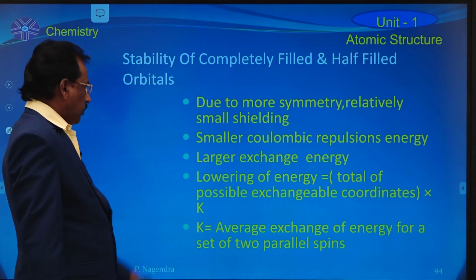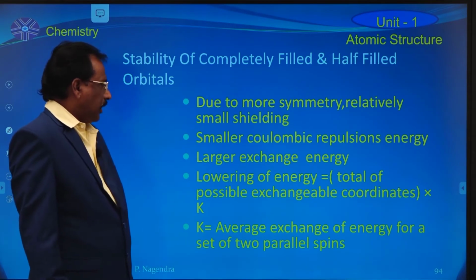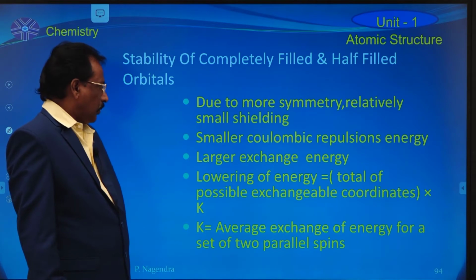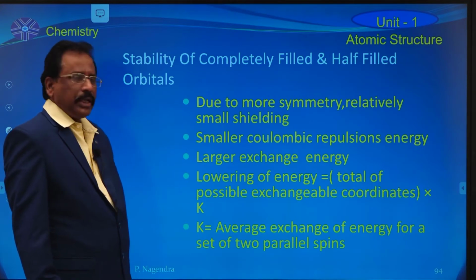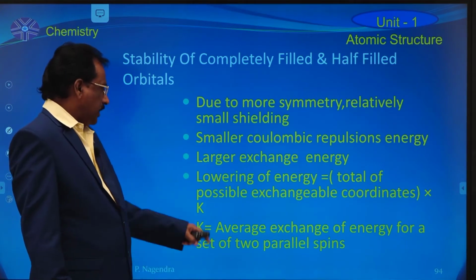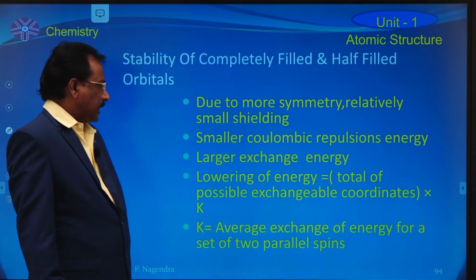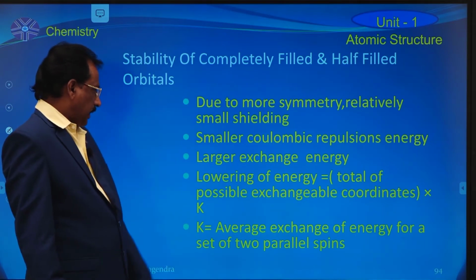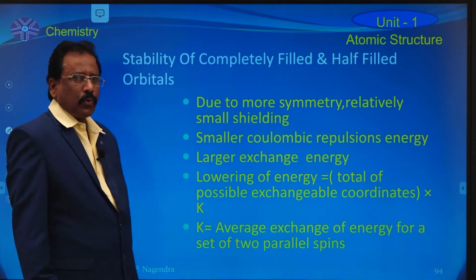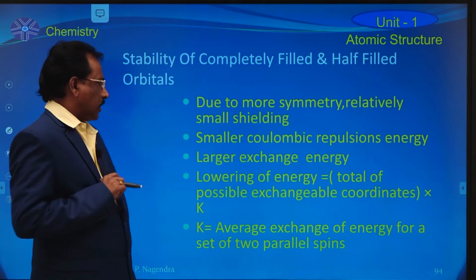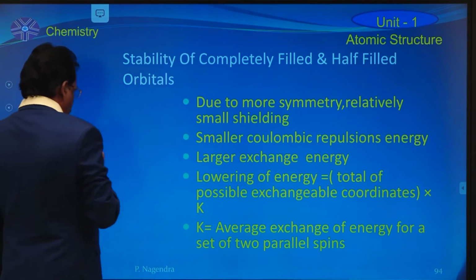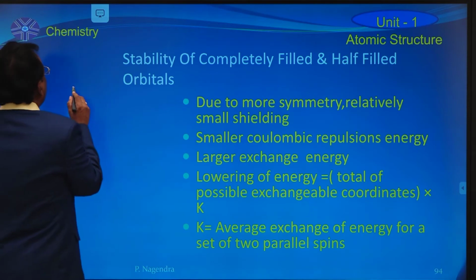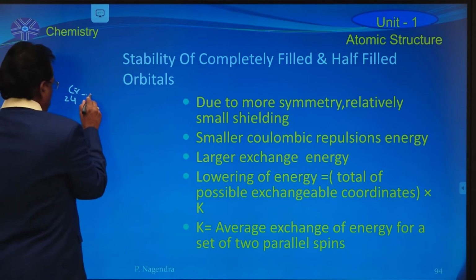Now the formula used to calculate lowering of energy is equal to the total number of possible exchanges multiplied by k, where k is known as the average exchange energy of a set of two parallel spin electrons. For example, chromium, atomic number 24.